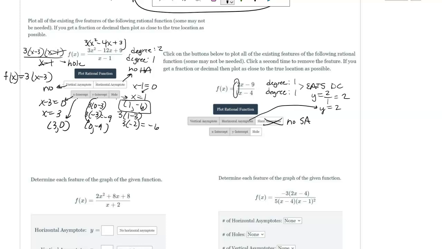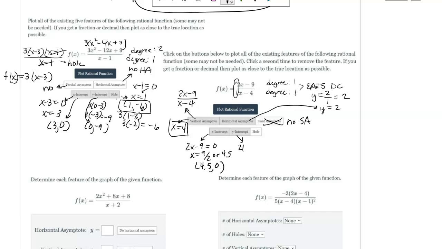Vertical asymptote. Is there anything I can do to simplify this rational expression, this rational function? There is nothing, there's no factor on top that is exactly the same on bottom. So I get to look at the denominator for the location of my vertical asymptote, which is 4. My numerator, I will solve for x, and that will tell me that my x-intercept is at 4.5 comma 0.